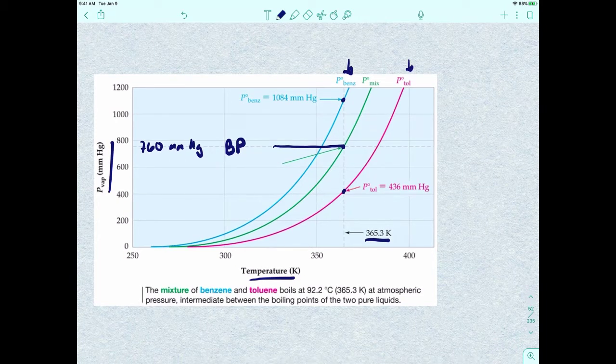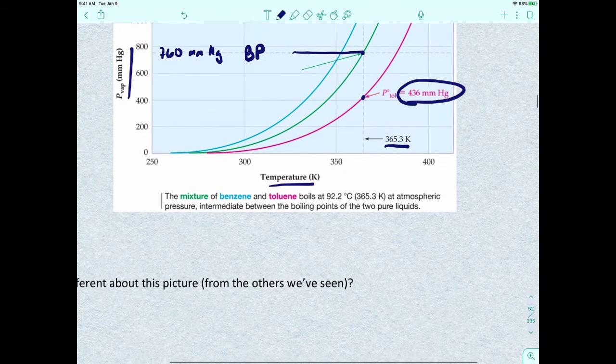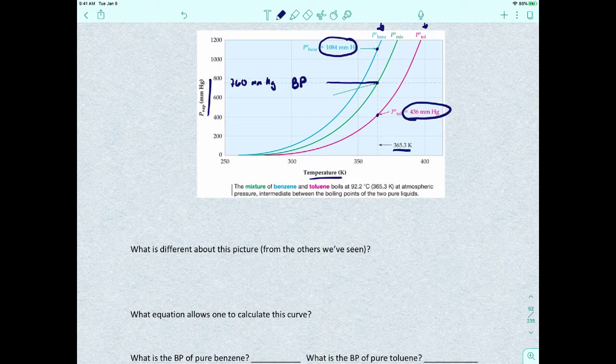That's what we're measuring: the pressure of pure toluene at 365.3 Kelvin, as well as the pressure of pure benzene at 365.3 Kelvin. So what is different about this picture than the others that we've seen? This is a mixture of volatile liquids.